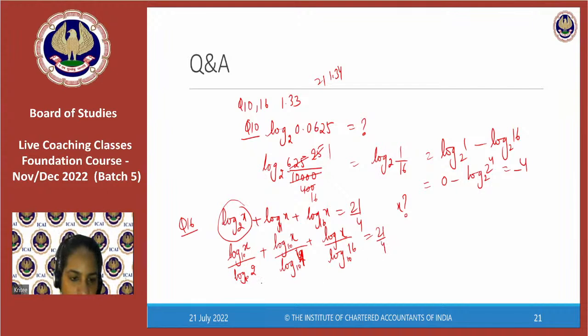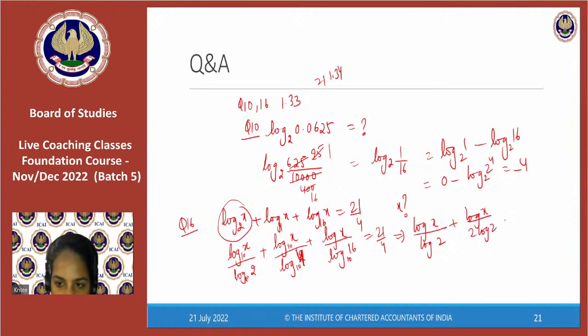I'm doing this a bit hurriedly. 4 can be written as 2 square. So this will be log x by log 2 plus log x by 2 log 2 plus log x by 4 log 2 equals 21 by 4.